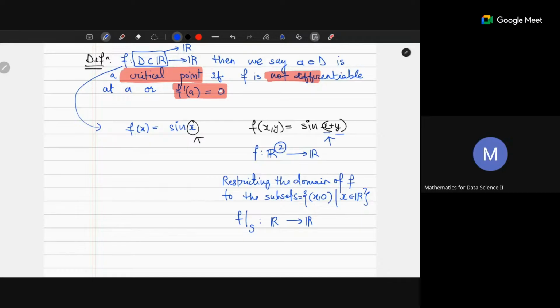So f restricted to S just becomes a function of one variable, sin x.